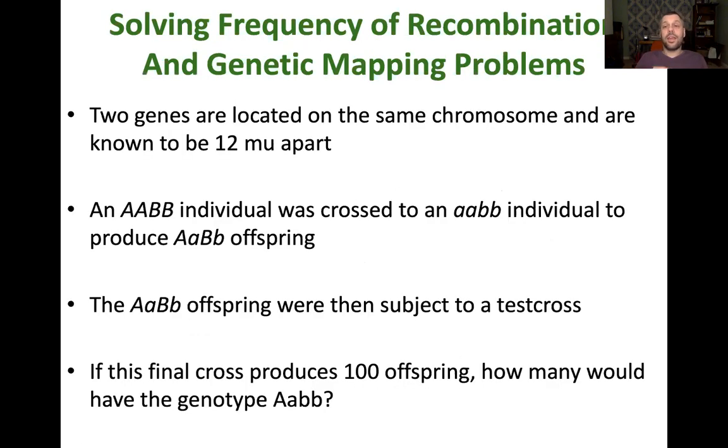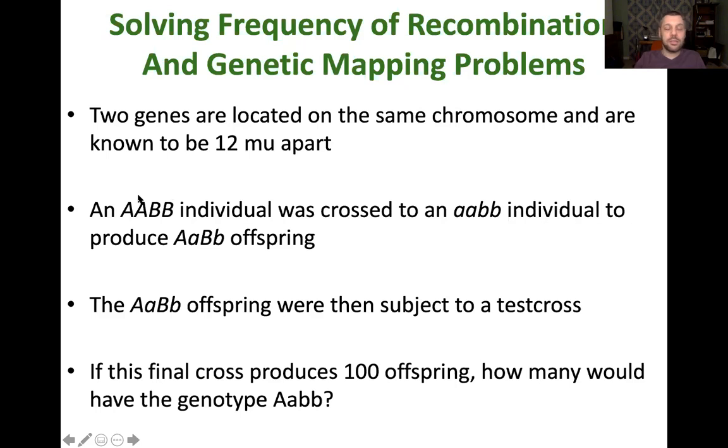Let's do the same thing with a pair of linked genes. In order to illustrate what's going to happen here, we're going to do it in the context of a question. So here's the question. Two genes are located on the same chromosome, same linkage group, in other words, and they're known to be 12 map units apart. Okay. And the question is then this.